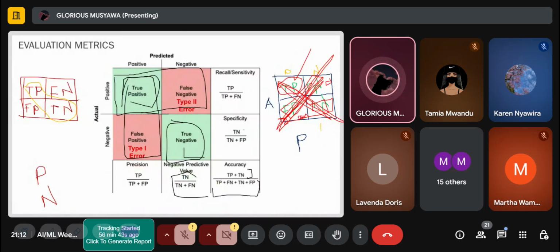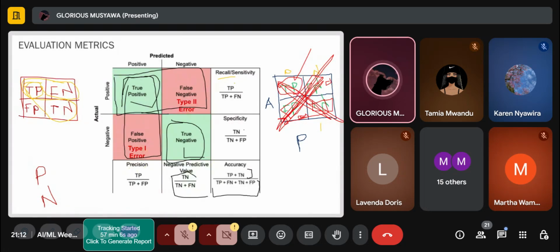When I'm doing recall, I'm going to pick the true positive over true positive plus false negative. When I'm doing precision, I'm going to pick the true positive over true positive plus false positive.